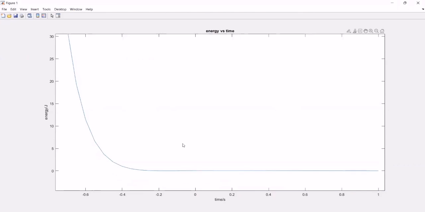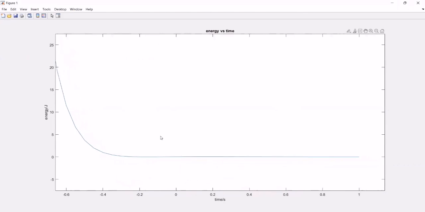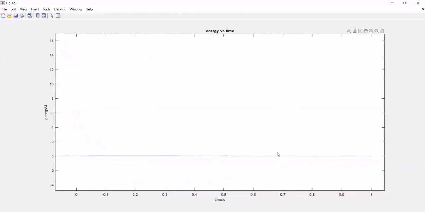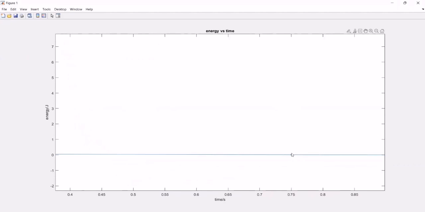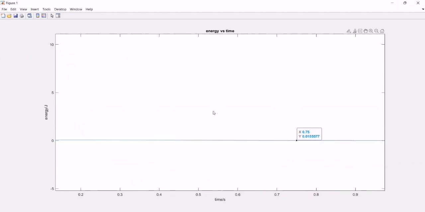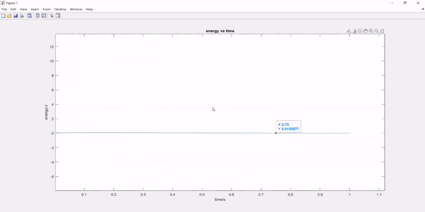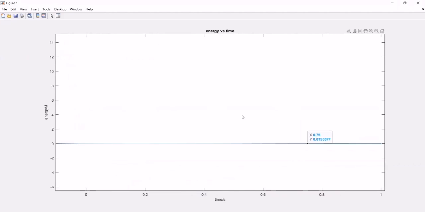And then we need to plot the specific time, which is 0.75. So we got the y, which is energy, 0.0155577, which is the same as hand calculation. That's all.